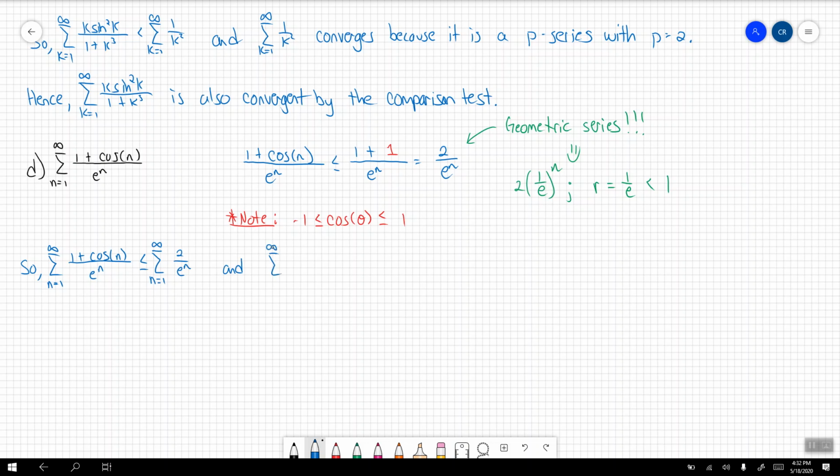But that series of 2 times 1 over e to the power of n is a geometric series with r being 1 over e, which is less than 1, thus it is convergent.